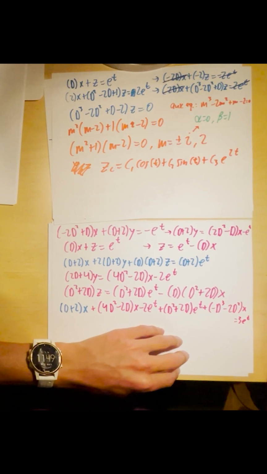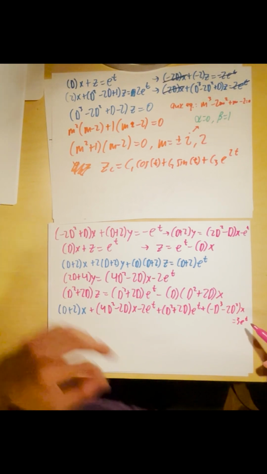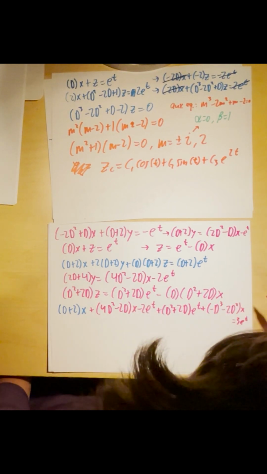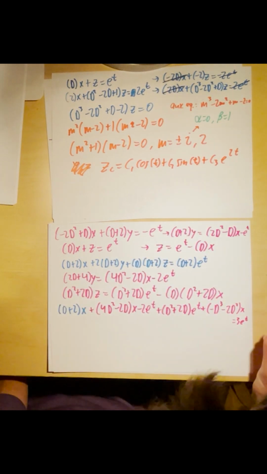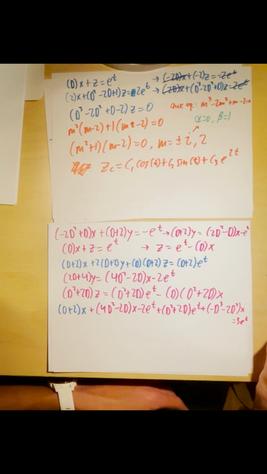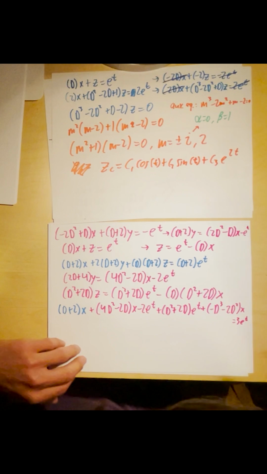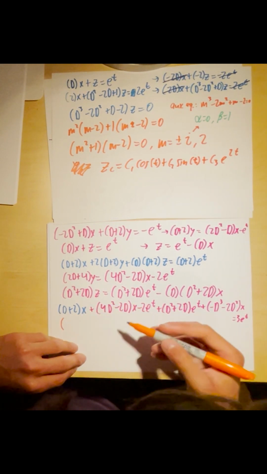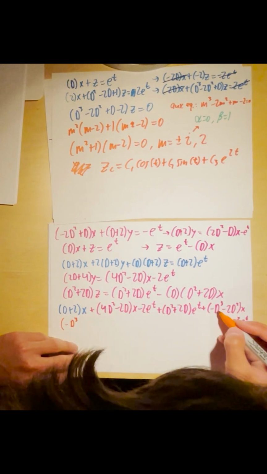Alright, now we have an equation with just x's and t's, which is really nice. We can solve this. First step is to simplify everything as much as possible. And what we're going to find is, let's rewrite in orange with all of the differential operators in front of that x. So we have a negative d cubed, starting from the highest power here.